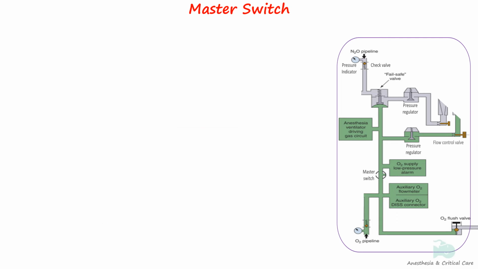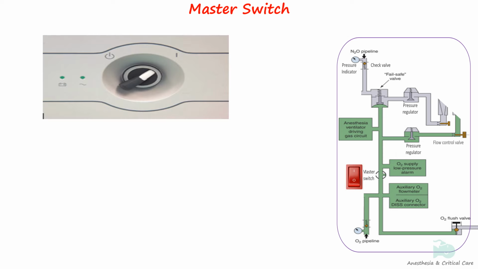The pneumatic portion of the master switch is located in the intermediate pressure system downstream of the inlets for cylinder and pipeline supplies. It's the switch that controls various components of both the electric and the pneumatic system.